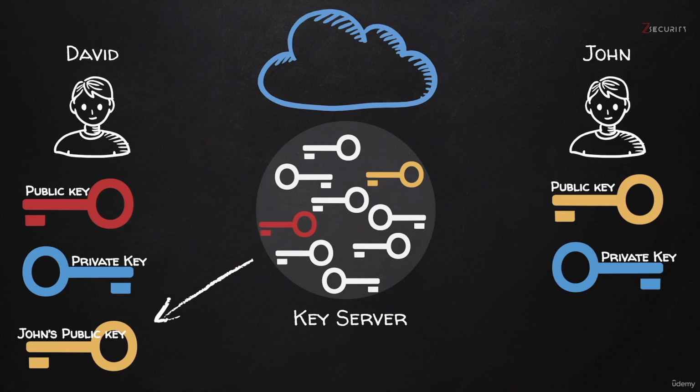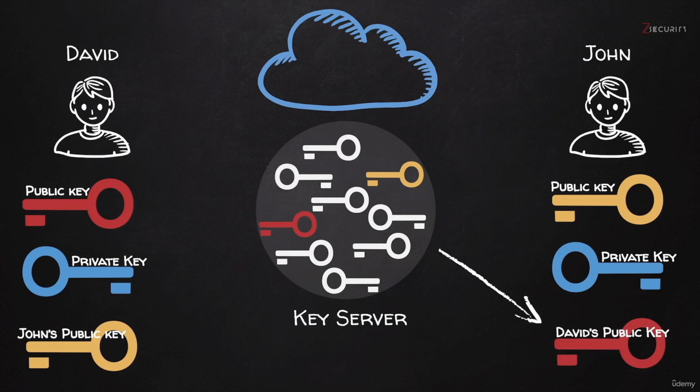Same goes for John. If he wanted to get David's public key, he can query the server and download David's key, and that way both David and John have each other's public keys, and therefore they can start encrypting messages to each other using each other's public keys.